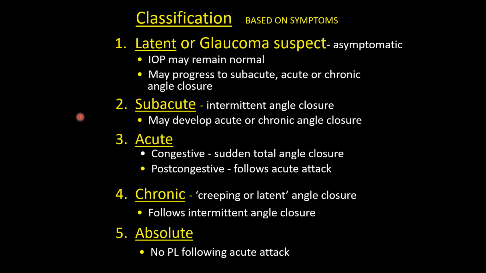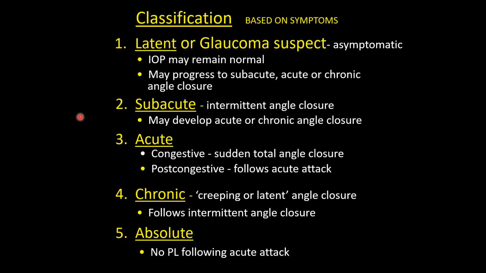So that is very slow formation of synechiae. We can call it creeping angle closure, and there is a slow rise of intraocular pressure, which again may lead to chronic angle-closure glaucoma. The signs and symptoms of chronic angle-closure glaucoma are just like those of open-angle glaucoma.